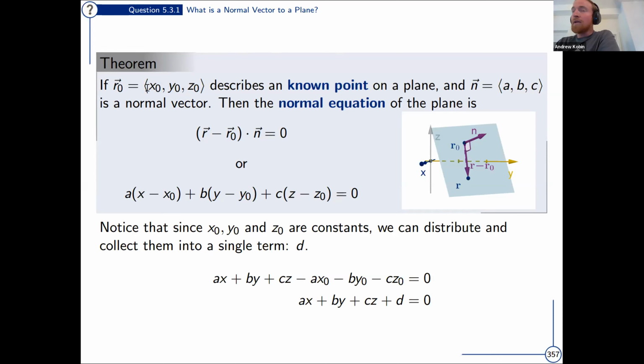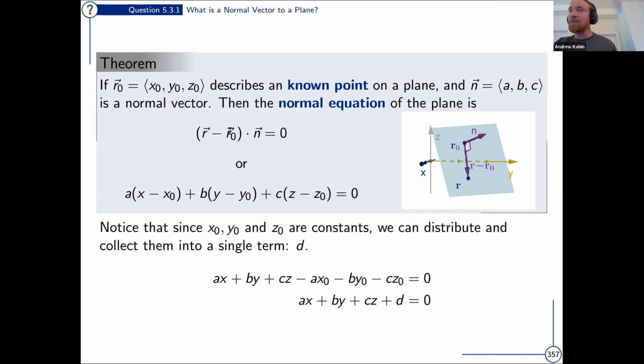Given that known point on the plane, any other point on the plane can be described as r with some coordinates, and then any vector on the plane. So let's say the coordinates of r will be x, y, and z, and then any vector in the plane can just be the displacement vector between our known point r0 and our other point r, whatever it happens to be. So any vector in the plane can be written of this form.